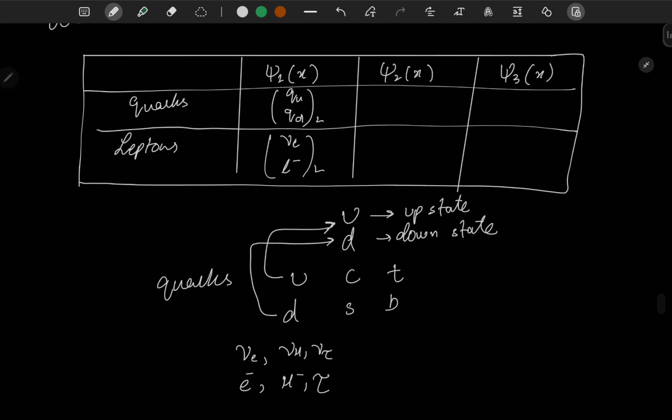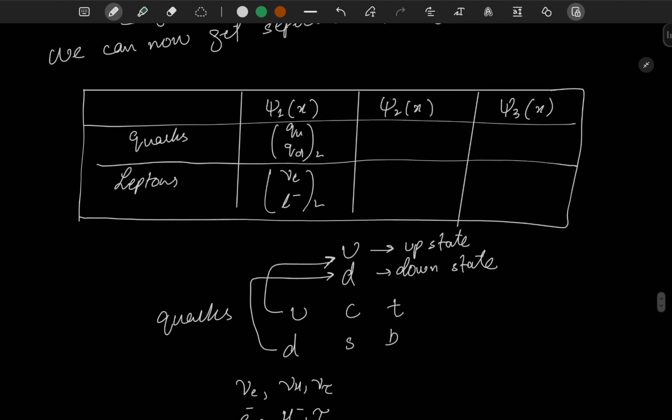Okay, psi2 is the second field, in which we have the up type quark, the right-handed up type quark, and this is a singlet. And in the case of leptons, the up type neutrino, right-handed singlet.